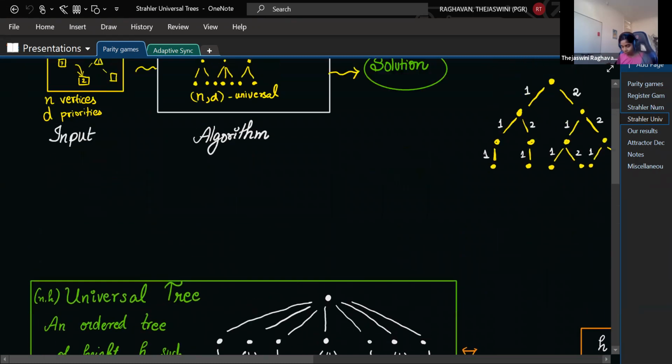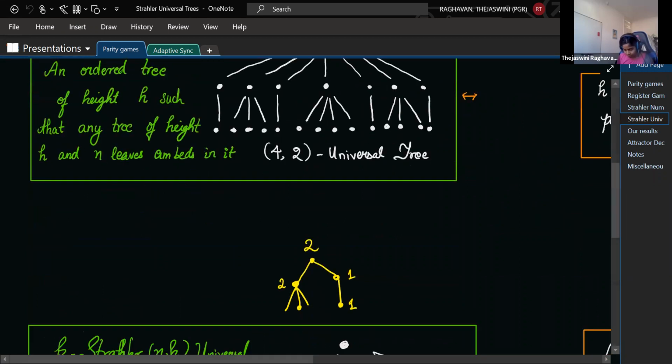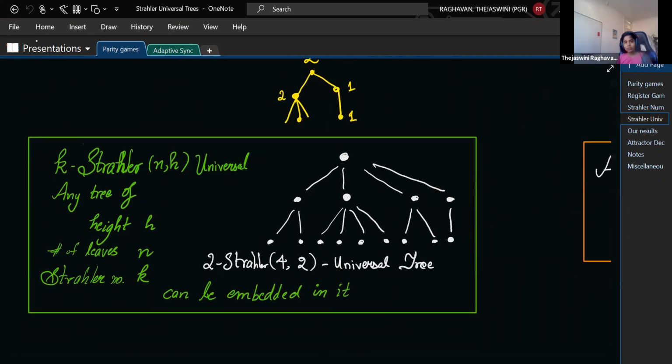So now what we were able to do is come up with small Strahler universal trees.